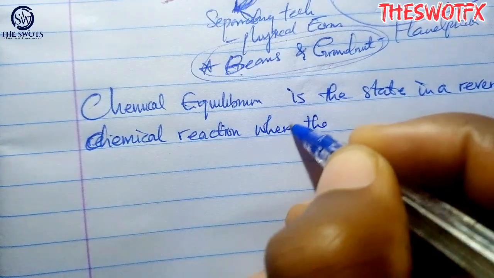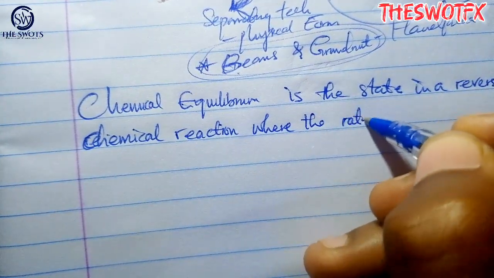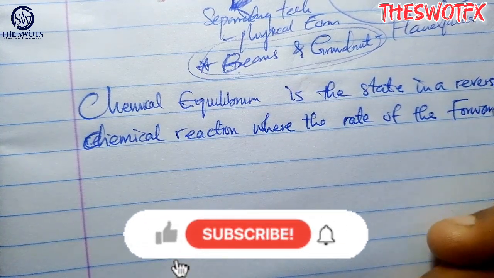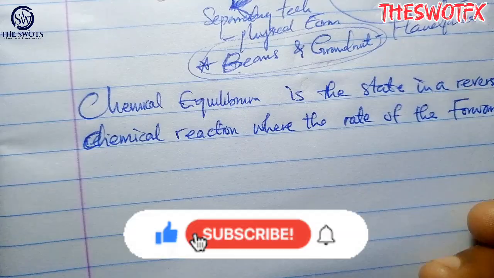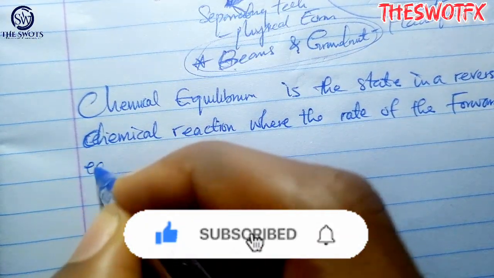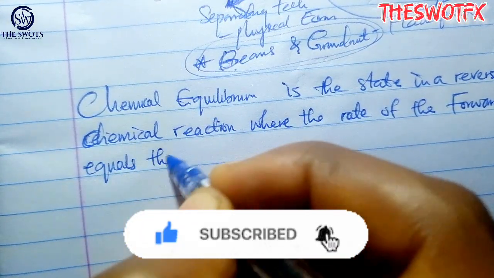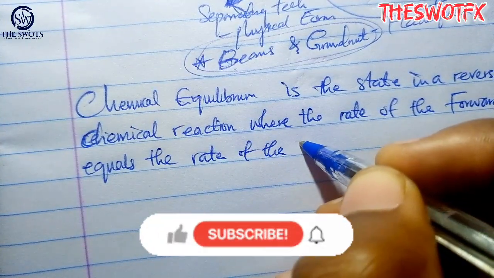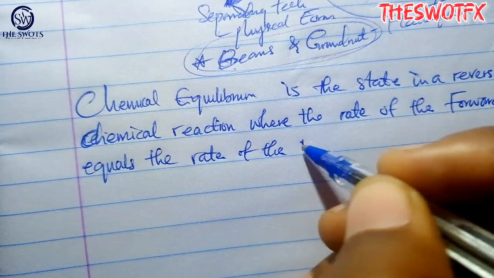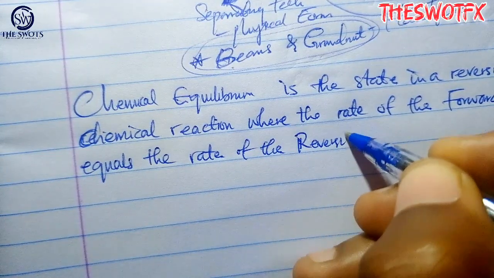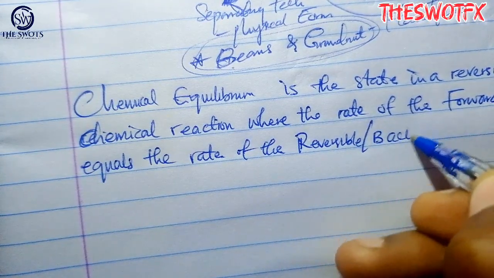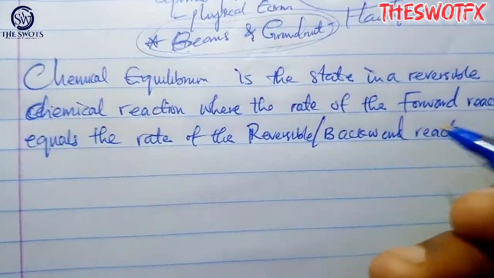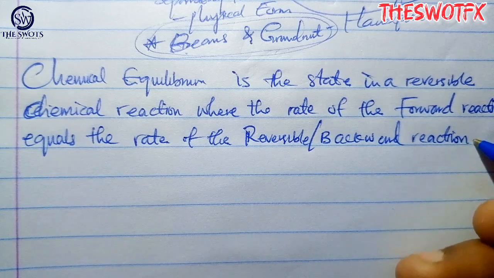where the rate of the forward reaction equals the rate of the reversible or backward reaction.